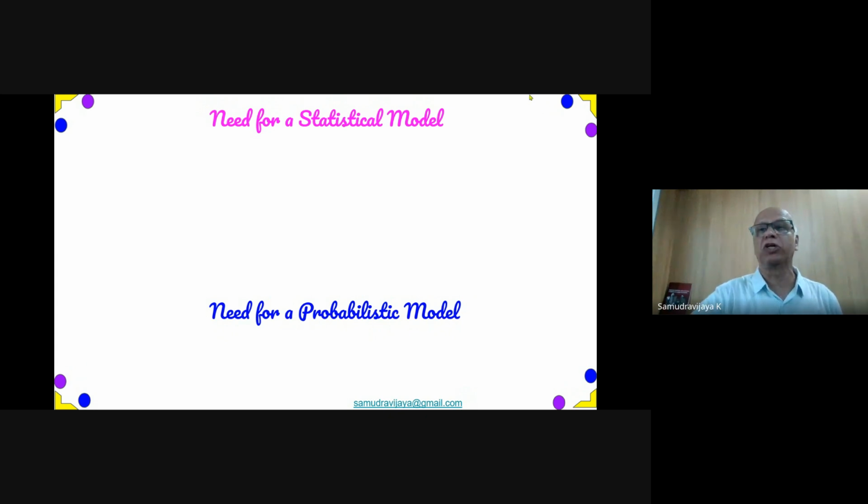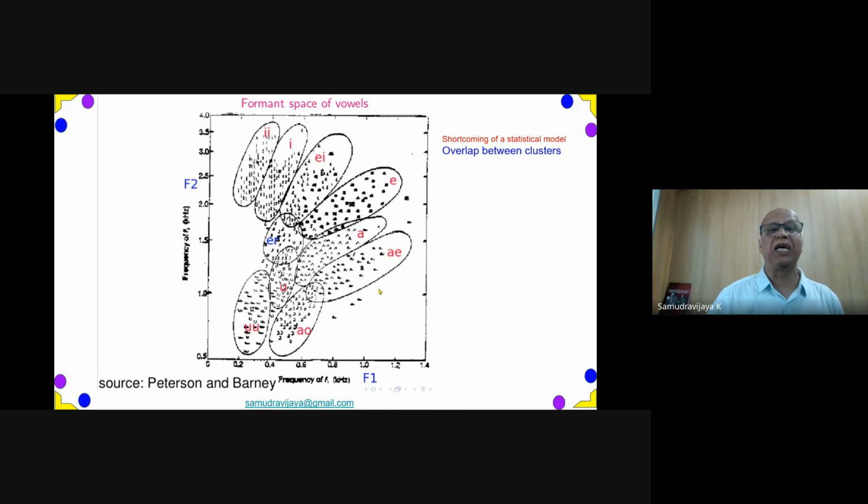So we talked about the statistical model. Now we'll say why a probabilistic model is necessary. Now let us look at the English vowels, this is the a of had. You see these two clusters are overlapping here. That means the a spoken by children will have higher formant frequencies, whereas the a spoken by tall people will have lower formant frequencies.